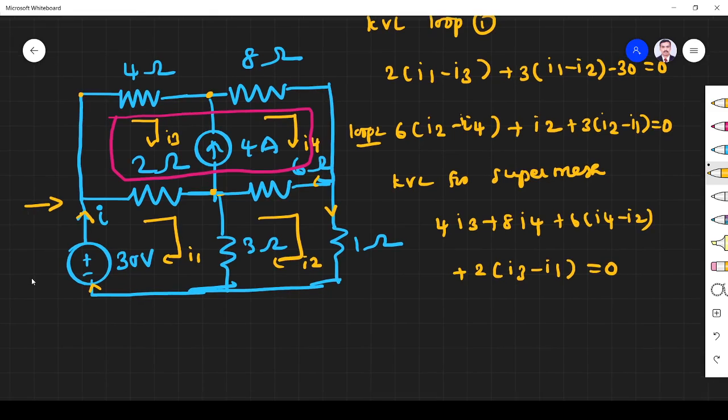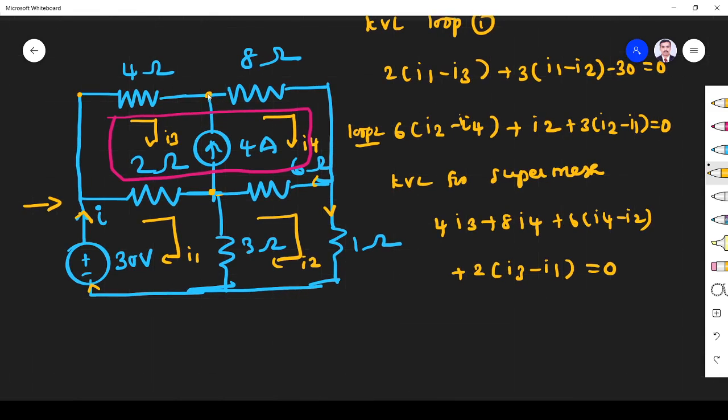Next, what do we have to do? We have to apply KCL for this branch. What is that branch? Here you see this branch is forming the supermesh. If you apply from here, it will create confusion. Let us apply here. So this is I3, this is I4.